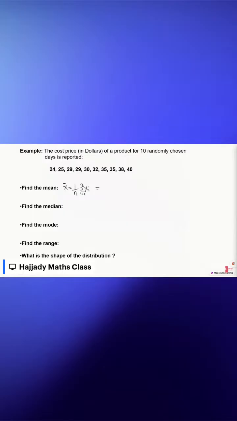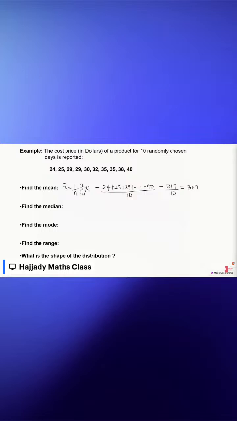In this case, it means the addition of everything you have, which is 24 plus 25 plus 29 up to the last value, which is 40, dividing this by the number of data points, which is 10. If you sum up the numerator, you should have 317 over 10, which is the same thing as 31.7.